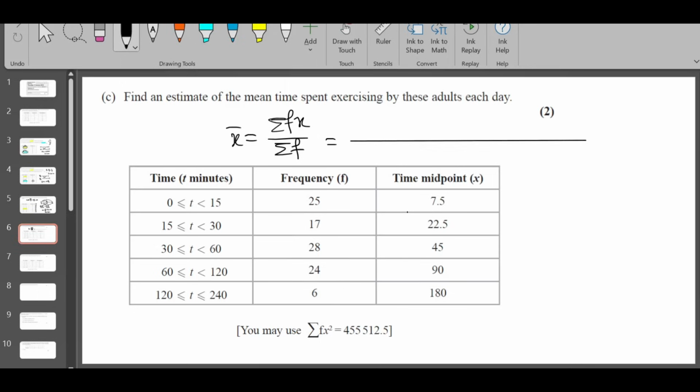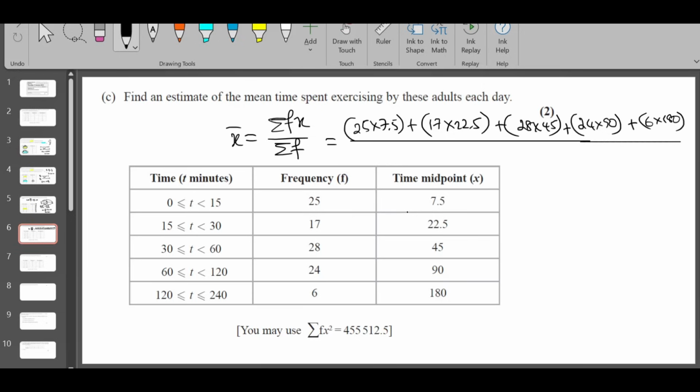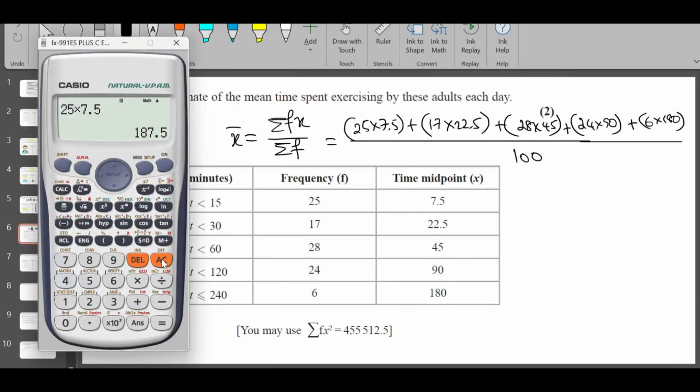Sigma fx is 25 times 7.5 plus 17 times 22.5 plus 28 times 45 plus 24 times 90 plus 6 times 180, divided by 100. We have to calculate this carefully.